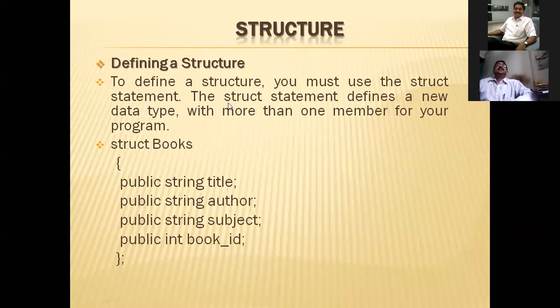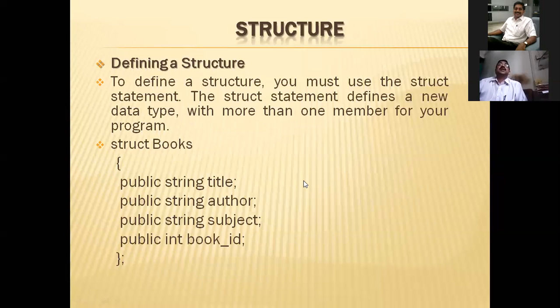Defining the structure: to define a structure, you must use the struct statement. The struct statement defines a new data type with more than one member for your program. Here you can develop struct Books. Books is the name of the structure, and inside the braces we give members: public string title, public string author, public string subject, and public int book ID.